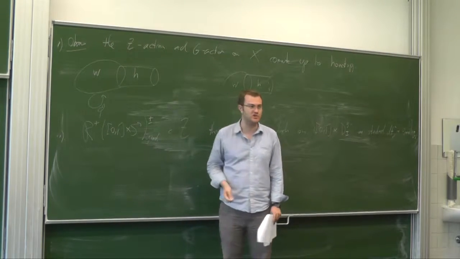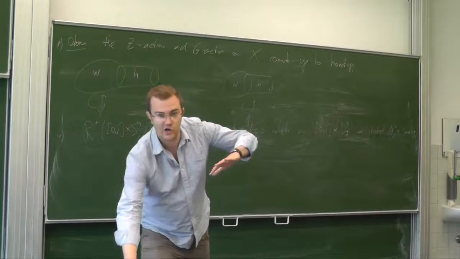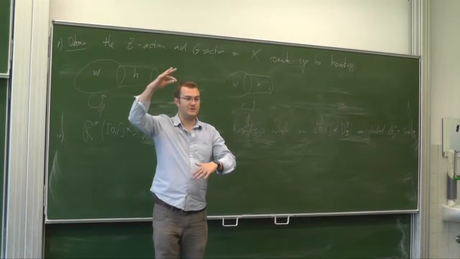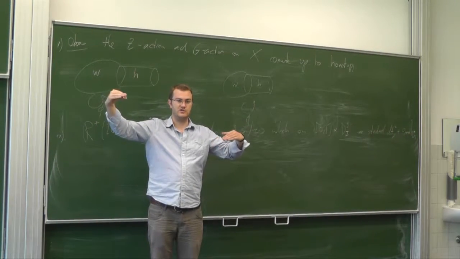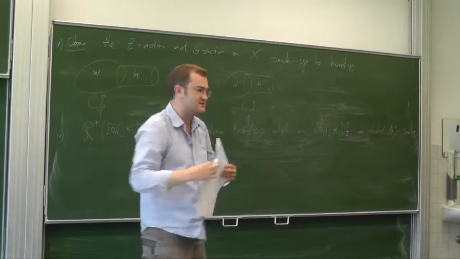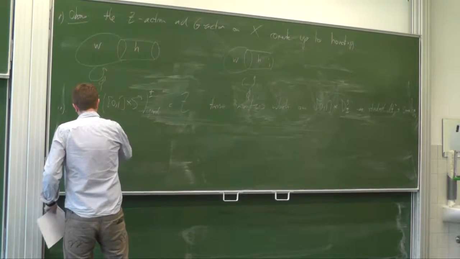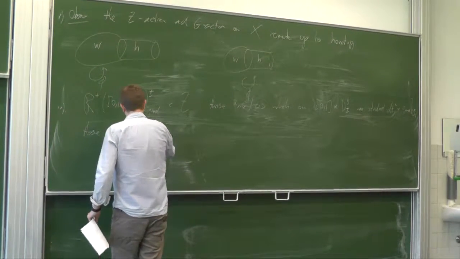And they clearly commute with each other up to homotopy. I've got something that's standard on the lower hemisphere, and something that's standard on the upper hemisphere, and I put them next to each other, I can then just slide them past each other. So these are two sub-H spaces that commute with each other up to homotopy.